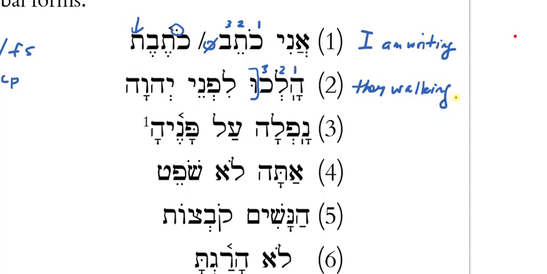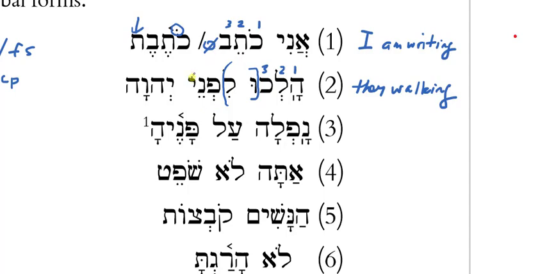And now I have one of my new words, lifnei. This is a lamed preposition before panei. What's the lexical form of panei? Panim. What gender and number is it? Look at your vocab list if you need to. Panim.